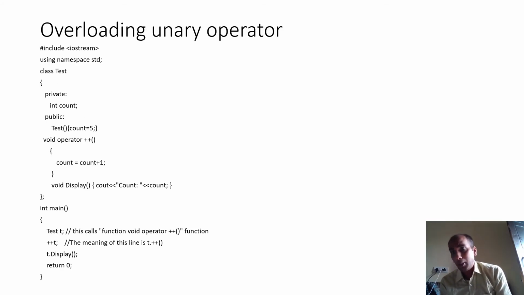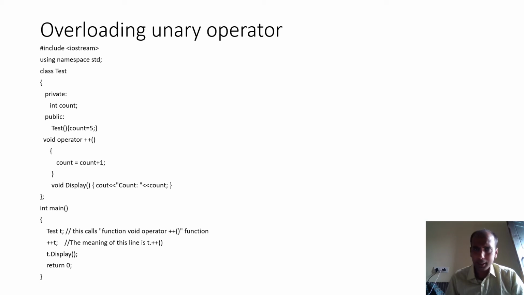Now, there are a lot of questions about how it will happen that I write plus and it does minus, or how you can apply an operator on a user defined type. If you understand this, it is very easy. Listen, I have created a class test. It has a private variable int count. Then you have created a constructor and initialized the value of count. Forget about the void operator plus plus function for now.